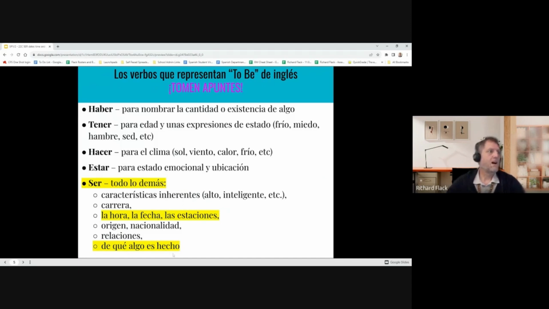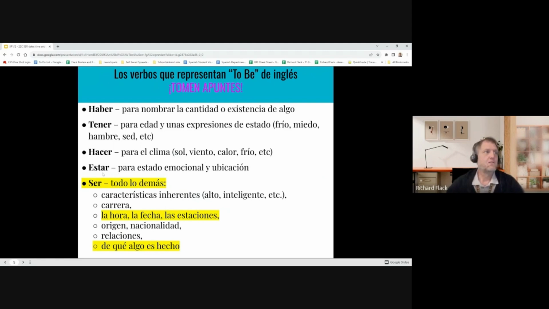All right, we are on the last bits. So just as a review, we've been working on verbs that equal the one verb to be of English. So we saw haber to name the quantity or existence of something. We saw tener to work with age or certain expressions. We had hacer to talk about basic weather expressions.